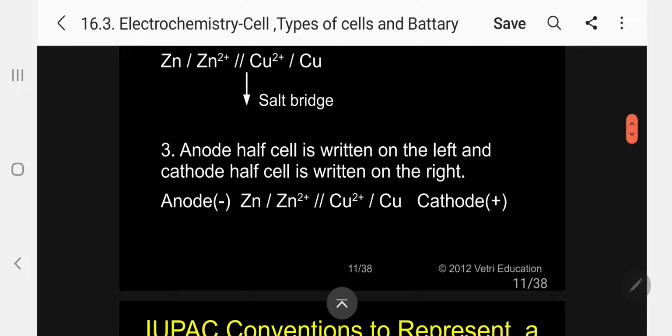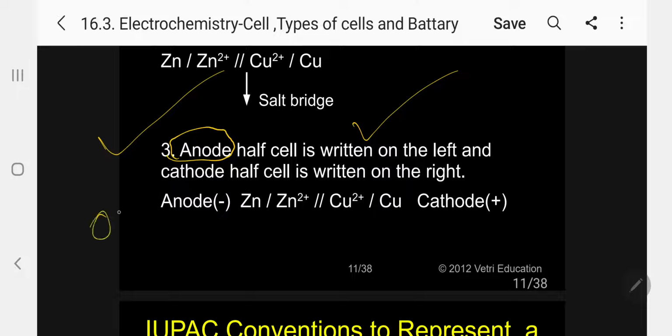Next one, third one. The anode of the cell is written on the left side. Please follow. Better you should not use anode. So we will say whatever undergoes oxidation, that should be on the left side. So generally oxidation is at the anode. So the anode, the more positive electrode, will be on the left side.